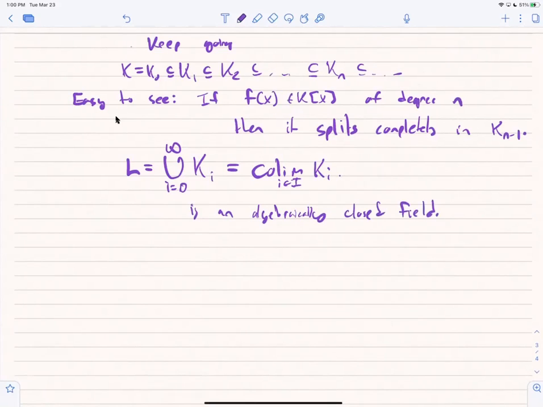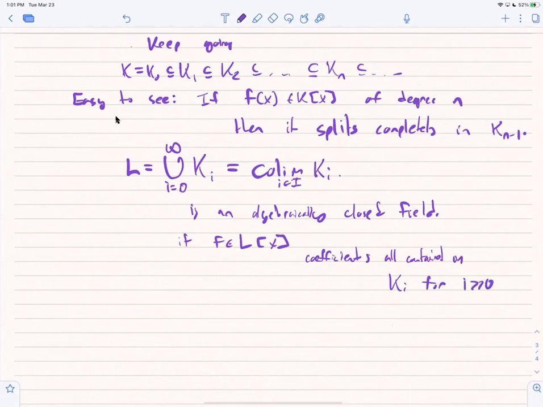So the point is, if f is a polynomial in L[x], well, then the coefficients, and there are only finitely many of them, are all contained at some finite step. So these are all contained in Ki for i sufficiently large.